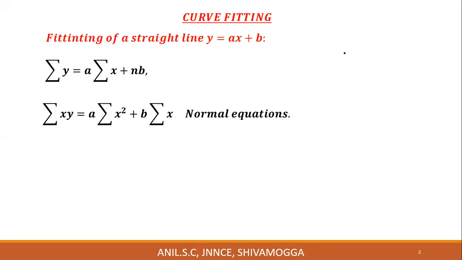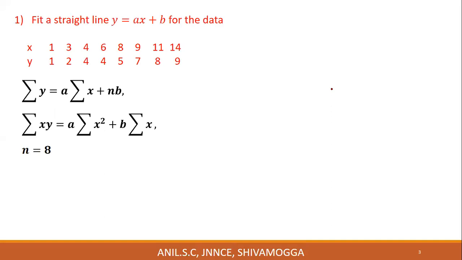In every problem, we construct these two normal equations and solve them to find the values of a and b. Then we can directly write y is equal to ax plus b. Let's solve this problem.